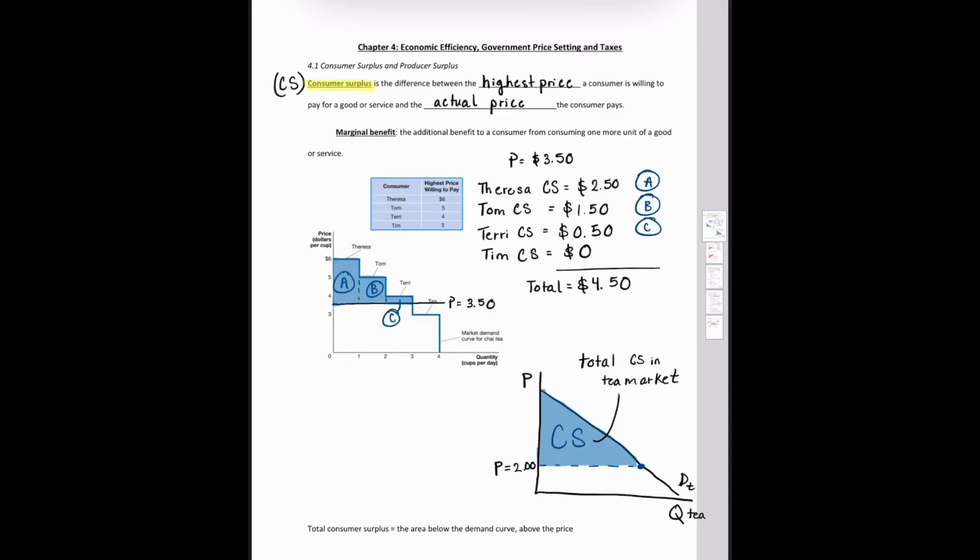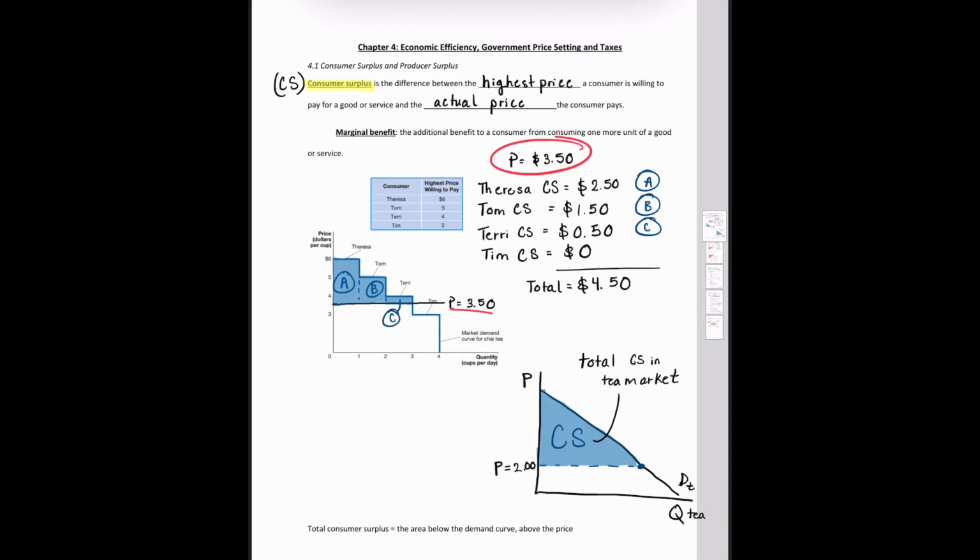So for example's sake, let's say that the price of chai tea is going to be $3.50 for a cup. At a price of $3.50, let's see who is willing to buy a cup of tea. If we set the price at $3.50, Teresa, Tom, and Terry are willing to buy a cup of tea.